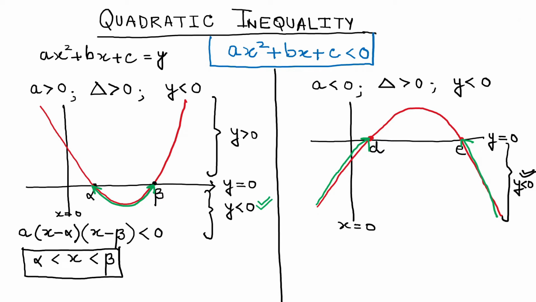Once we have done this, we understand this can be written as a times of x minus d into x minus e being less than 0, which means x is less than d or x is greater than e.